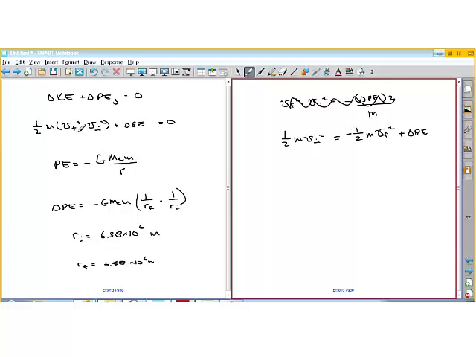Move that to the other side, it becomes negative, but then when I multiply it by -1, it becomes positive. Okay. Potential energy is increasing as I go out. It's becoming more positive. Okay, so that's all right.